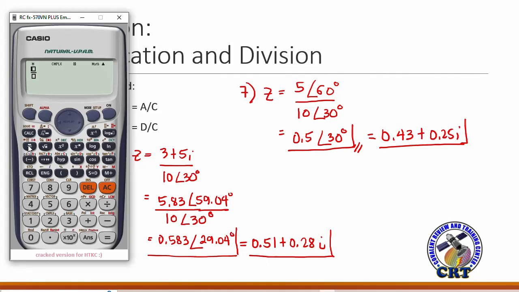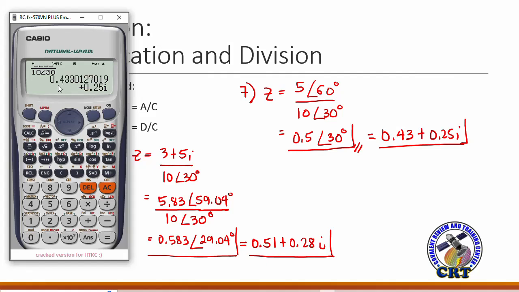So press the fraction function, then 5 angle of 60. Then go to the denominator, 10 angle of 30. Then press equal sign. So convert to decimal.